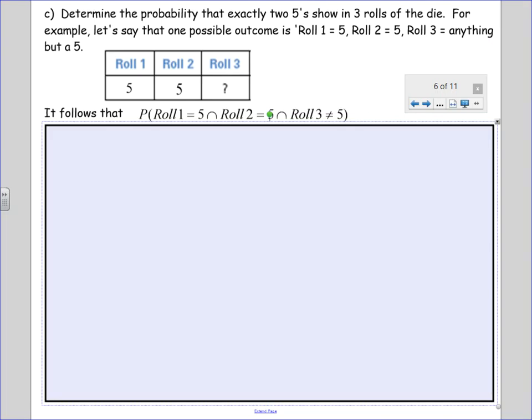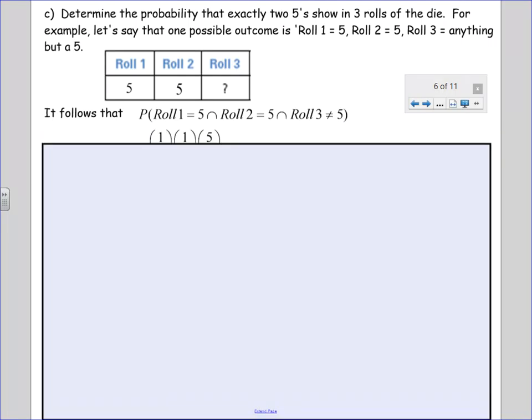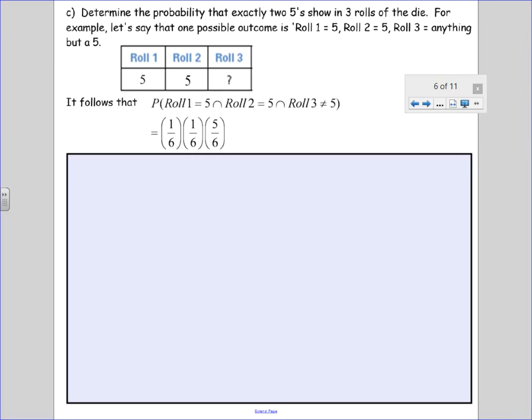You can see how in the table we have roll 1 and roll 2 having 5s occupying those positions, and roll 3 not being equal to 5. What that means is that the probability of roll 1 being 5 is a sixth, roll 2 is a sixth, and then the last one, which is not 5, would be 5 on 6. That's a little bit different than what we had before. If we simplified that, that would be 1/6 squared multiplied by 5/6.